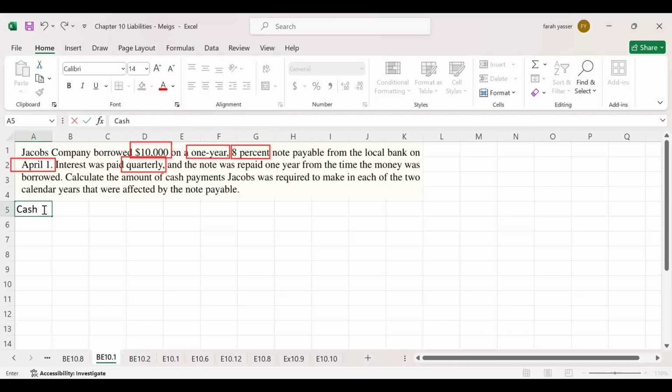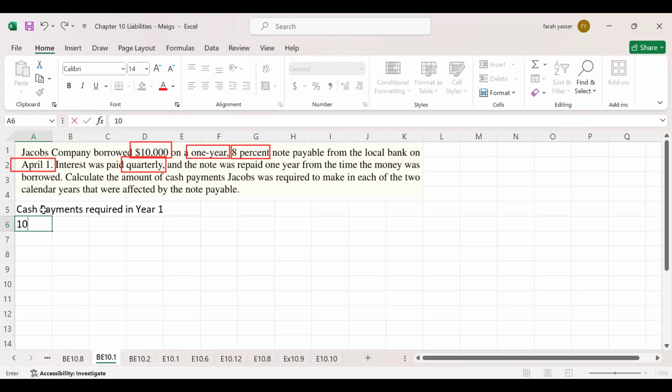Cash payments required in year one: only interest is required to be paid for 3 quarters, from April, May, June, July, August, September, October, November, December. So these 9 months basically cover 3 quarters. So we are going to calculate the interest amount for 3 quarters.